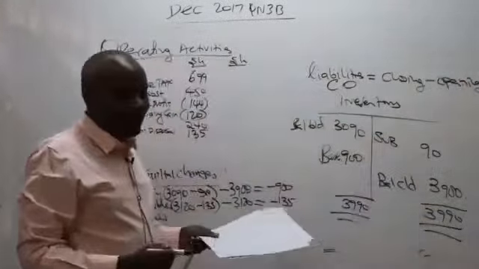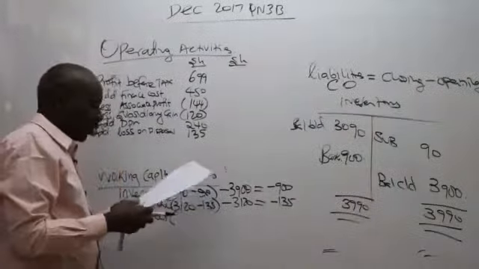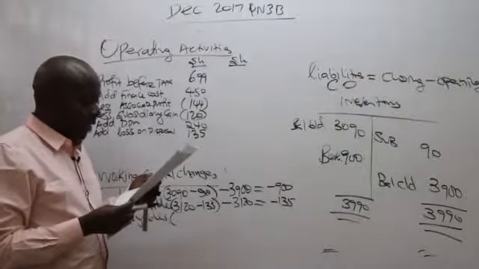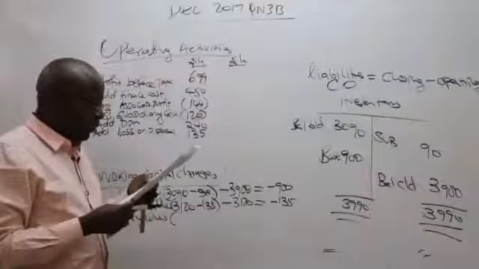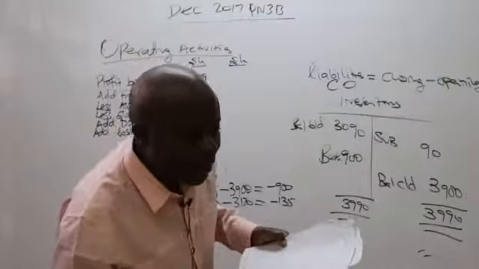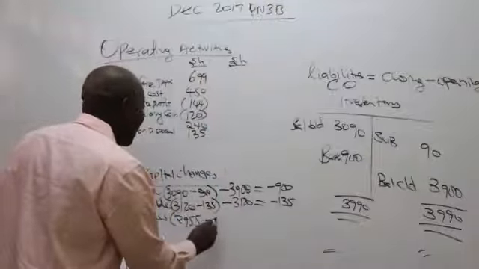Closing minus opening. So unajiuliza, what was the closing payables figure? Wanasema ni 29.55. So nasema 29.55 minus the opening.